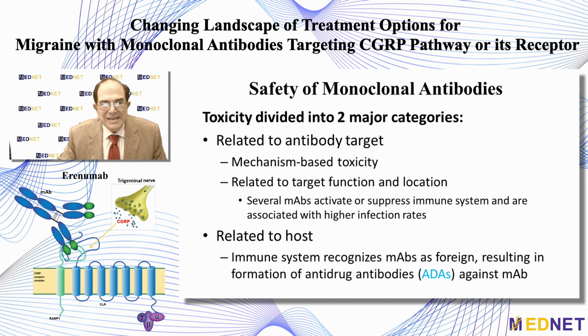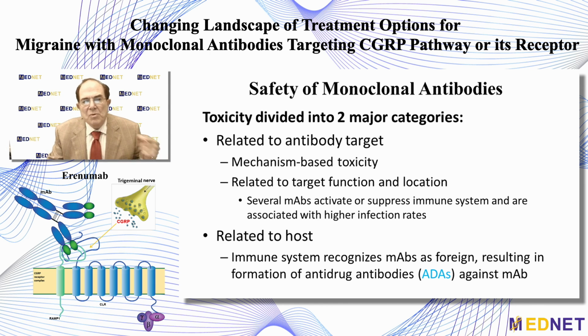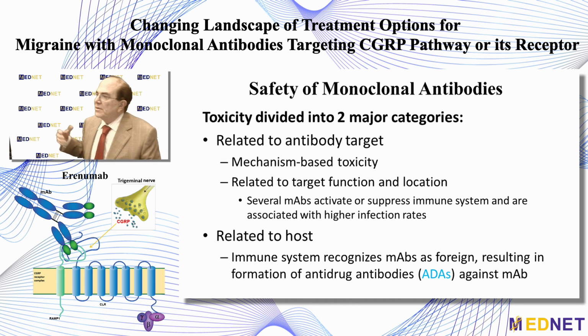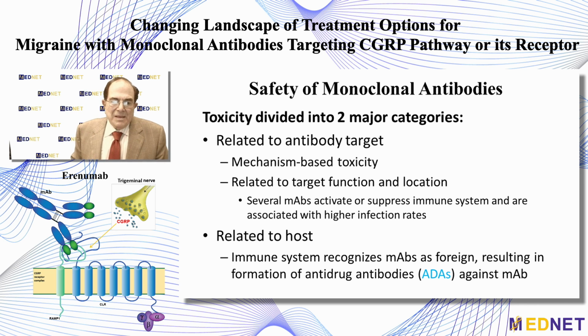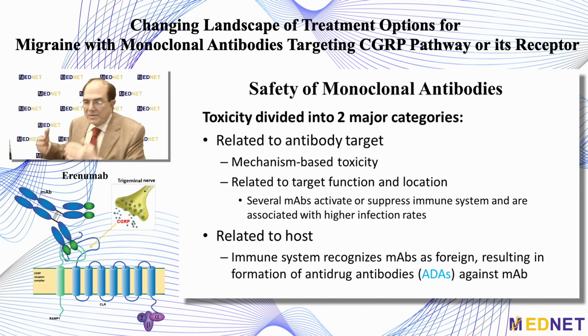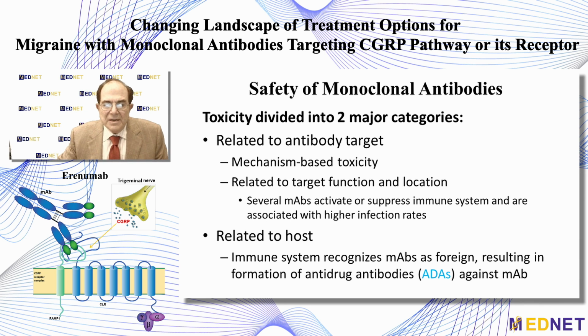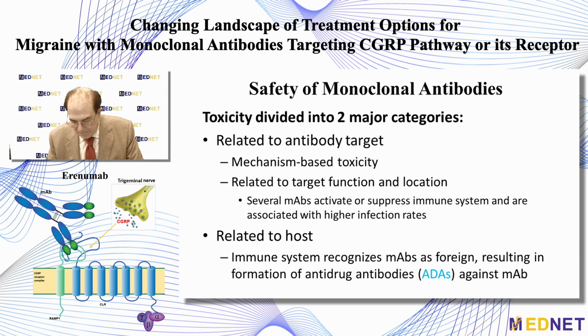They're safe. But in general, why do we get toxicity? What's the target? Let's say, for example, the target is some part of the defense system against microbes. It can make you more susceptible to that. If it's related to the host, the body can make antibodies to the antibody, called anti-drug antibodies, which will neutralize them.